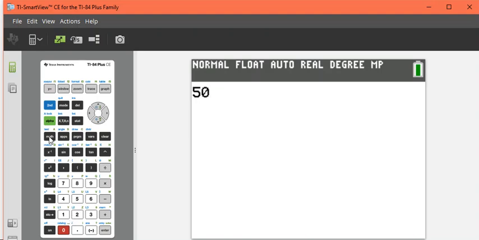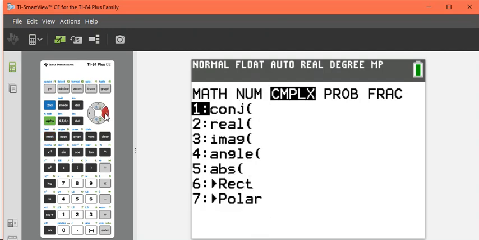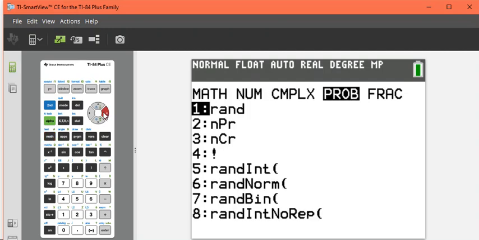So you hit math, and then go over to the probability menu again, like I showed you, where the factorial lives. Option 4 is factorial, but look at options 2 and 3: option 2 is permutation, and option 3 is combination. So that's what you can use instead of applying those formulas with the factorials. You can do that if you want, but this is probably easier.